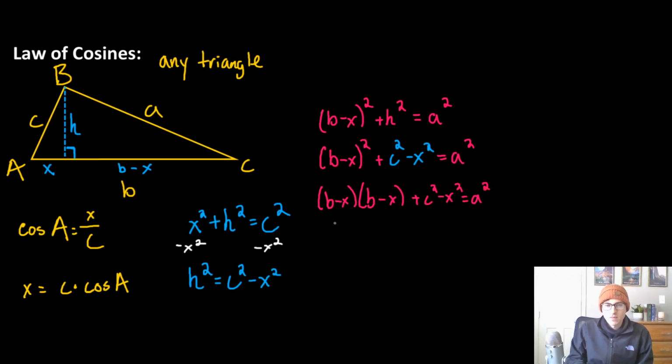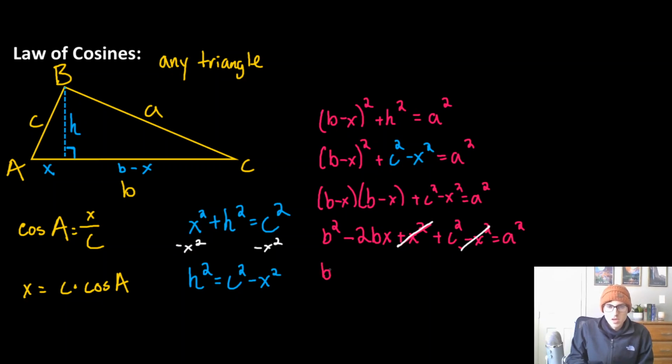B minus x times b minus x is b squared minus x times b, and then b times negative x, so that's minus 2bx, plus negative x times negative x, which is x squared, plus c squared minus x squared equals a squared. This is a big deal because now I have x squared and negative x squared, so that cancels out with that.